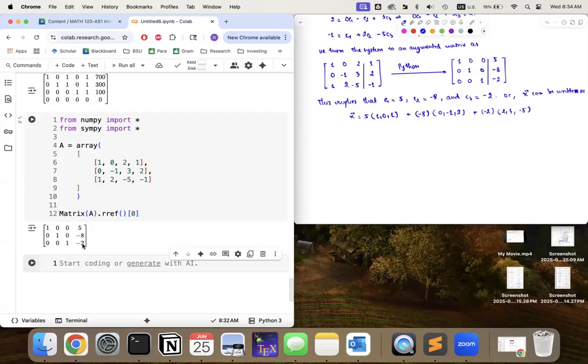Right? So X as a vector in R3 can be written as a linear combination of the three vectors in the basis B. Okay.